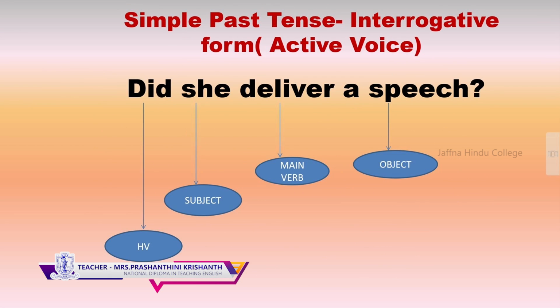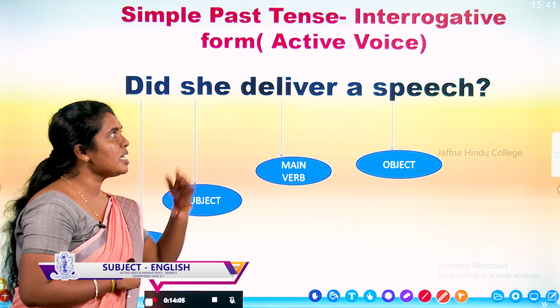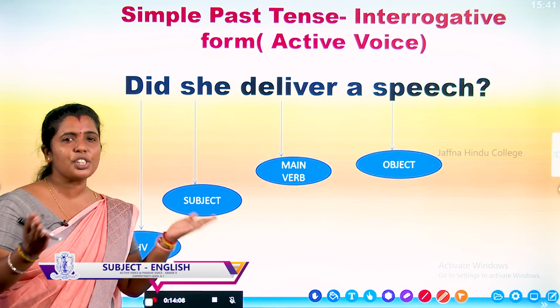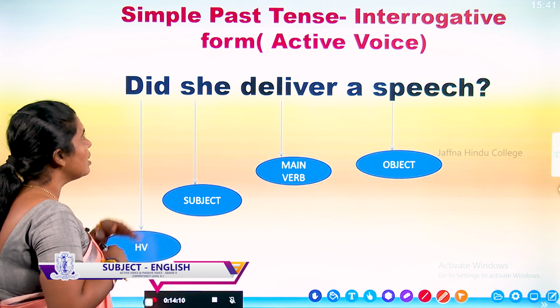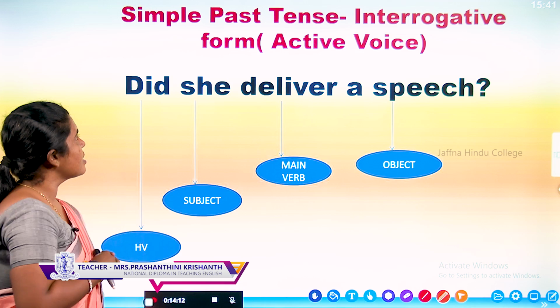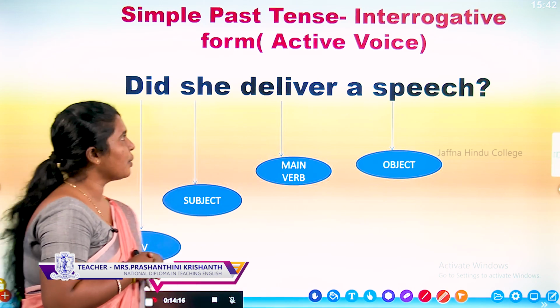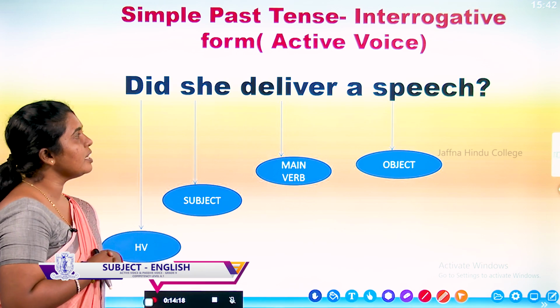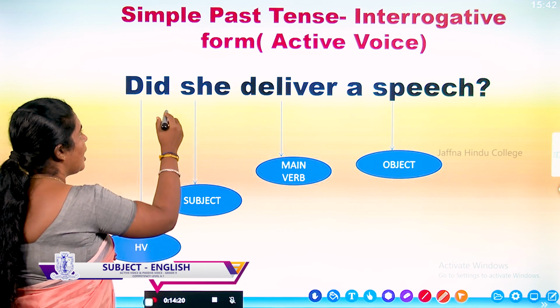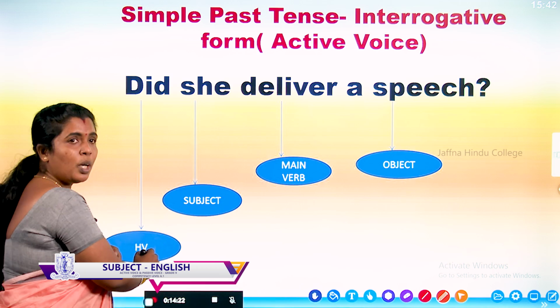Okay. Now we can see the simple past tense interrogative form. Okay, what is interrogative form? It means question form. Okay. This is active voice. Did she deliver a speech? See there, did is the helping verb.